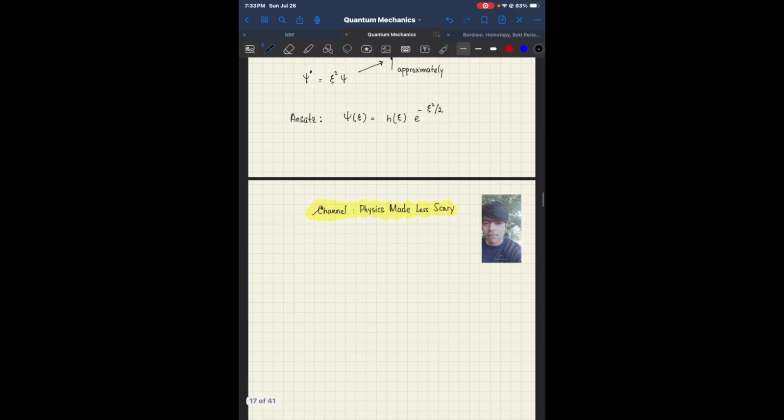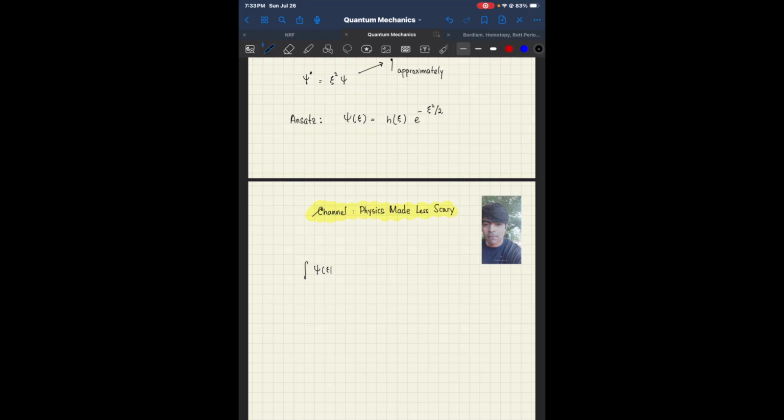It's crucial to realize that if you want the integral to be finite, this implies b has to be 0.